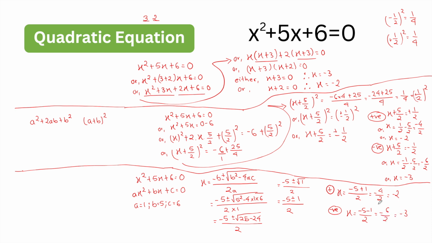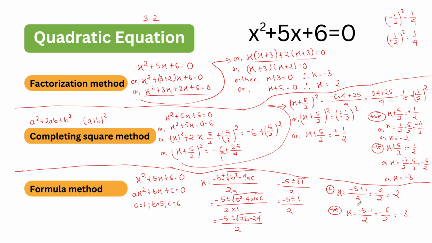So this is how we solve the quadratic equation using the formula method. Now we have one issue in the formula method. I mean to say that we have one condition. If b square minus 4ac is negative, then we cannot solve that quadratic equation.